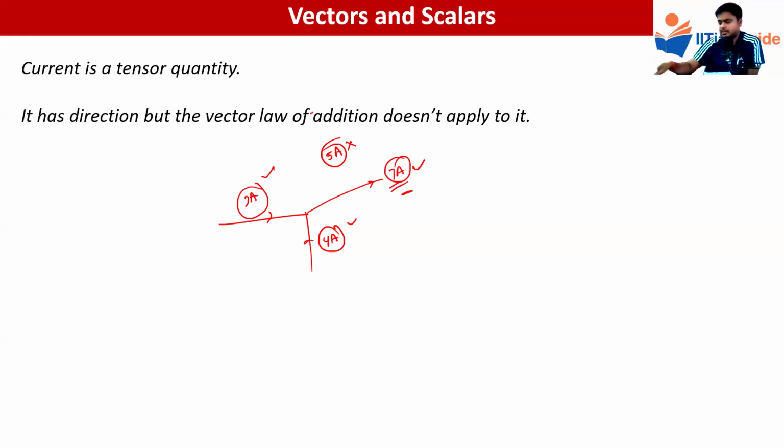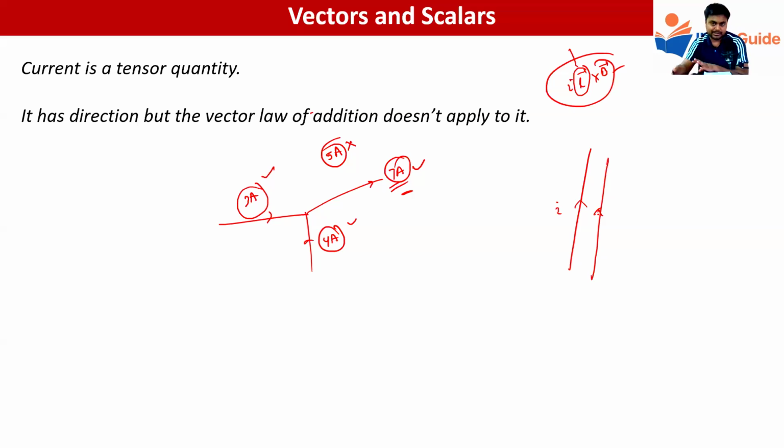So you see, we'll be coming across such formulas, I L cross B, the force on a current carrying conductor. So if you see, this is the conductor and this is the current. Now, when we have the L vector associated with it, this L vector is basically the direction of current that determines the direction of the L vector.